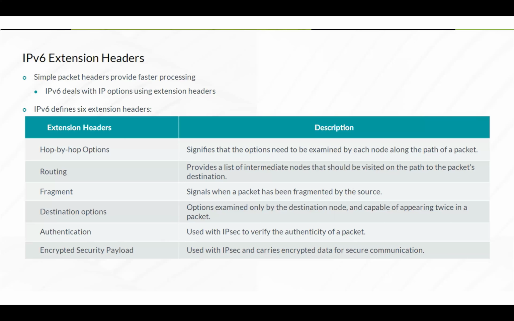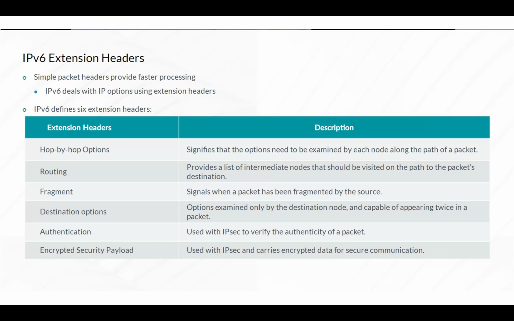In site to site VPN, you use IPsec. In that case, you can add authentication to authenticate one site to another site. Okay. Encrypted security payload is basically an example of IPsec and encryption like this.